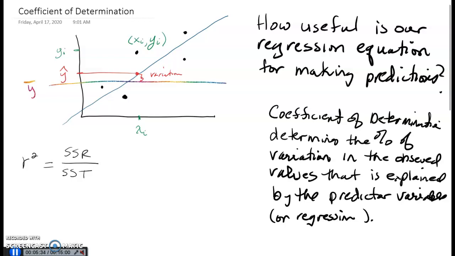If we didn't have any regression, our value would be on y bar, the mean. But since we have regression in this particular problem, this is the deviation that is explained by the regression.